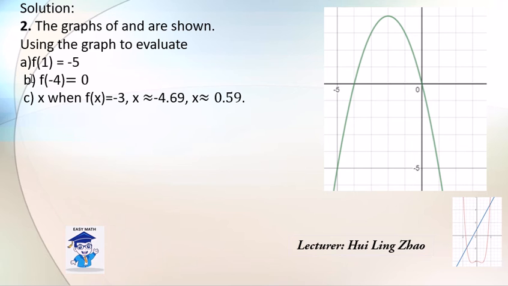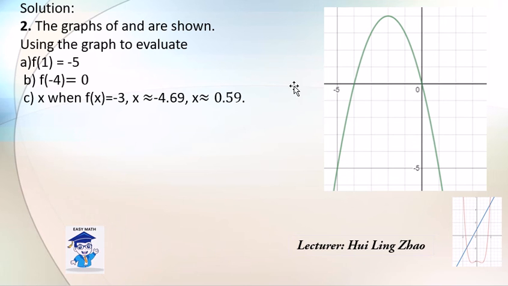So we can find when x equals 1, y is about -5.